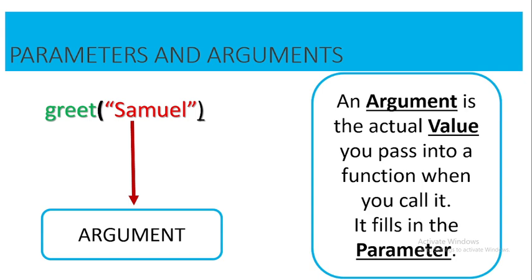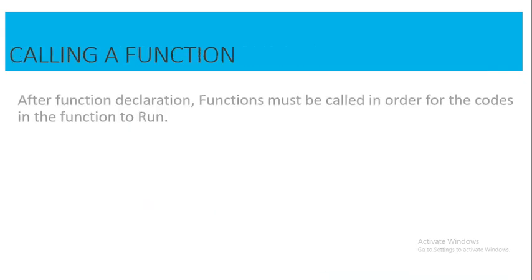When we are declaring the function, we create what? Parameters. And then when we call the function, we pass in arguments. The arguments fill the parameters we create when declaring a function with values so that they can be used inside the function.